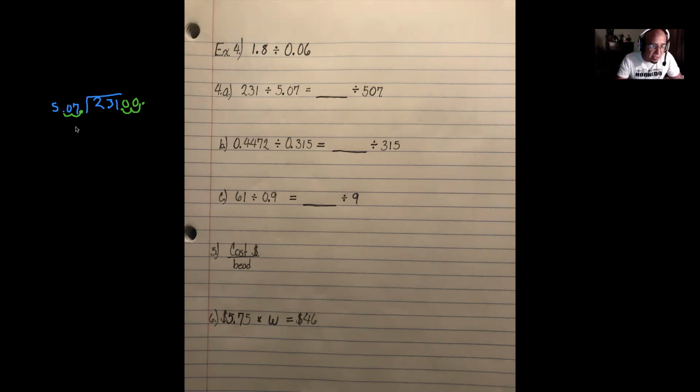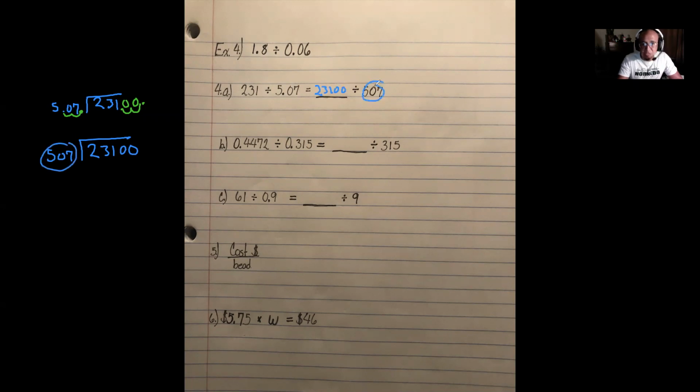So my new numbers that I have here, really, this is the same thing as 23,100, decimal now over here, divided by 507. So notice how 231 divided by 5 and 7 hundredths is the same thing as 23,100 divided by 507.